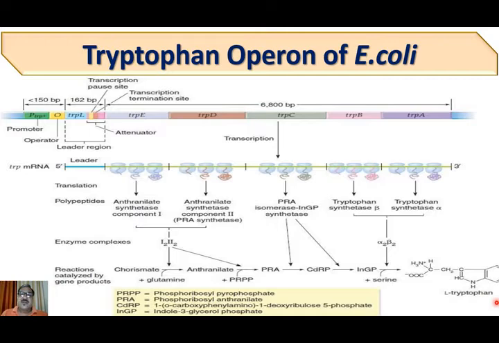Now in this slide you can see the proteins, that is the polypeptides formed from each of these tryptophan structural genes, and how these genes help in synthesis of the amino acid tryptophan.